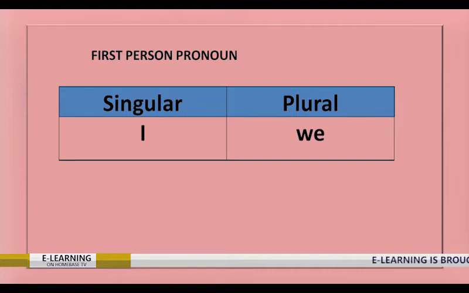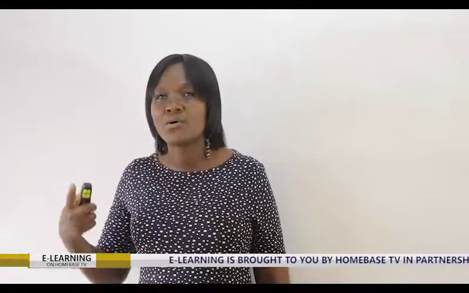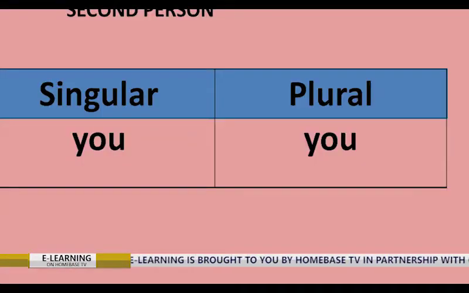Good. Let's continue. We also have the second person singular pronoun. Then the second person plural pronoun. When we have you, it's both singular and plural. We are all second person pronoun. Good. Let's still continue.